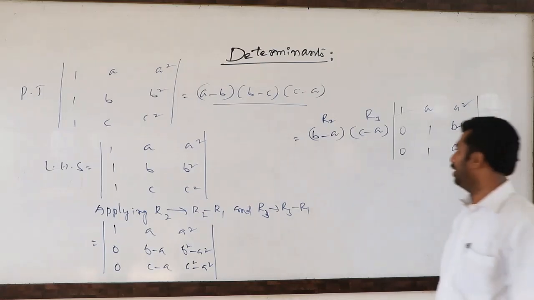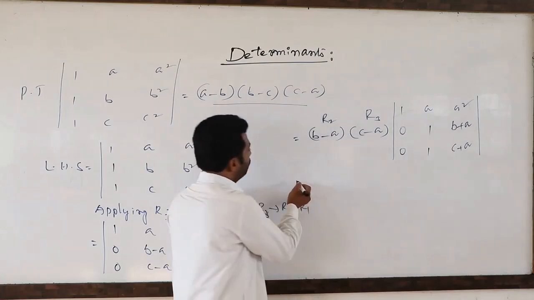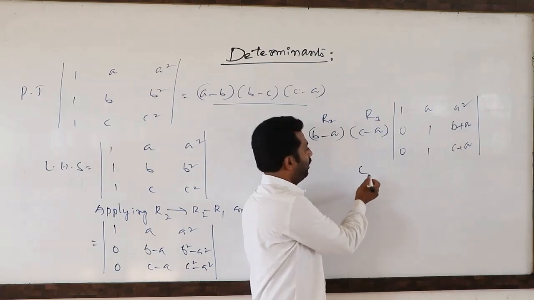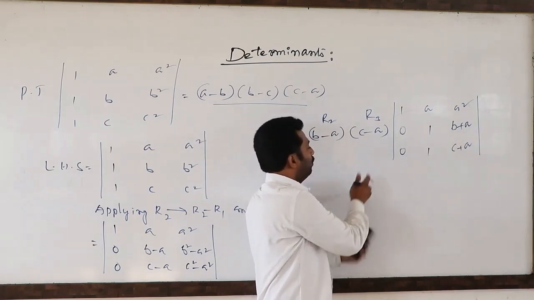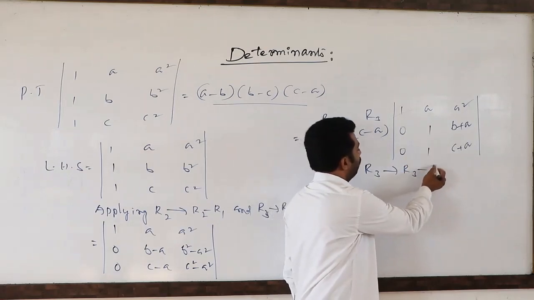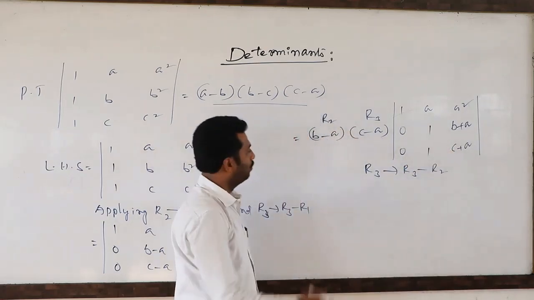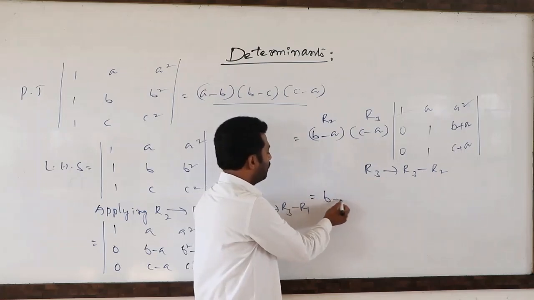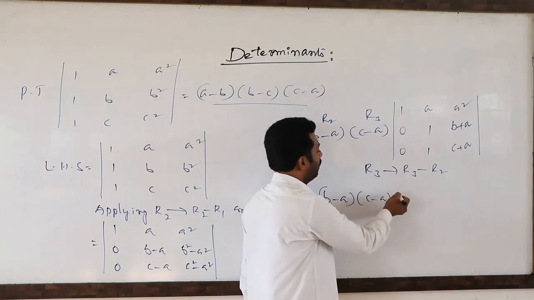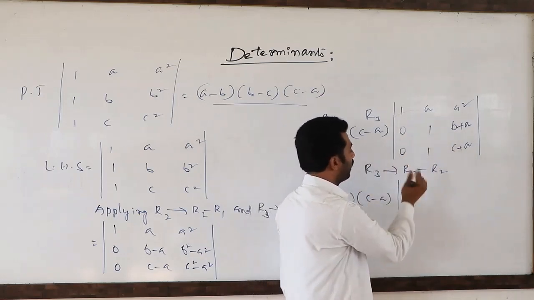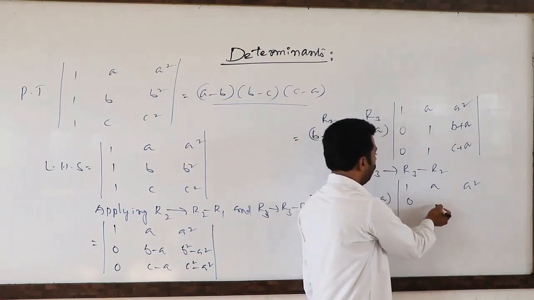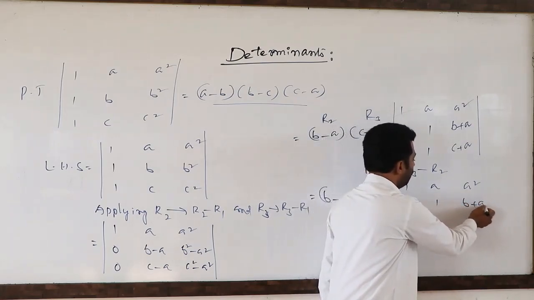Now again you observe, 1 is there in both R2 and R3, so we can apply R3 changes to R3 minus R2. We have the factor (b minus a)(c minus a). No change in the first and second rows: 1, a square; 0, 1, b plus a.